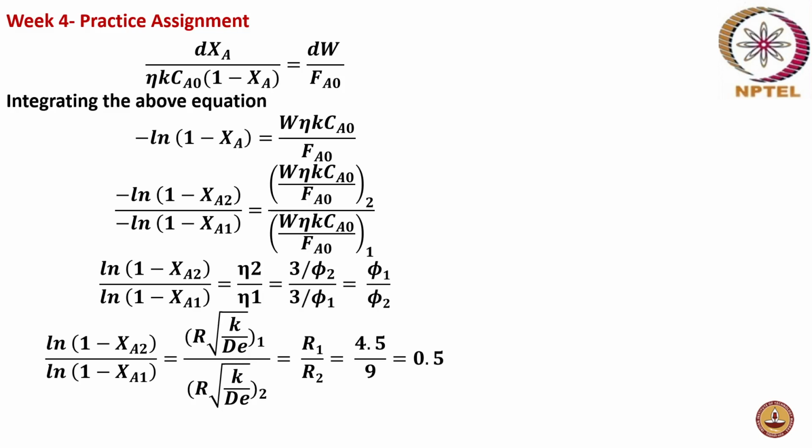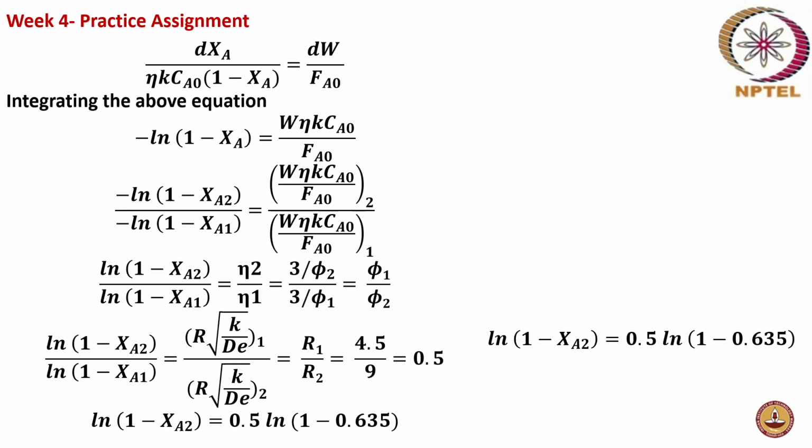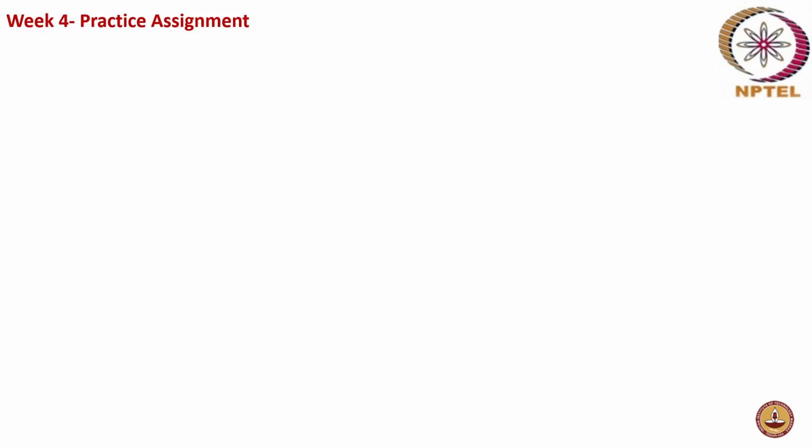Once we get this, then ln of 1 minus Xa2 is equal to 0.5 into ln of 1 minus 0.635. So substituting all the values, just mathematical calculations, you will end up with Xa2 is equal to 0.3959. This is the conversion. So the conversion has decreased with the increase in the radius of the pellet.